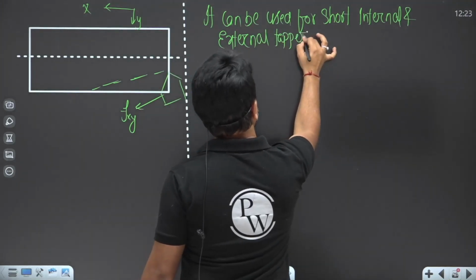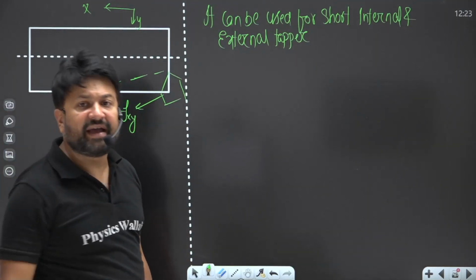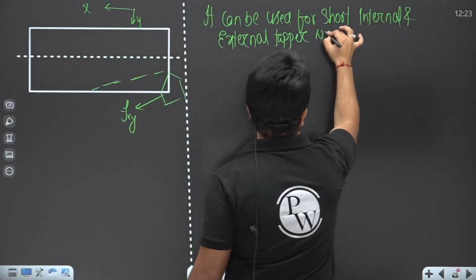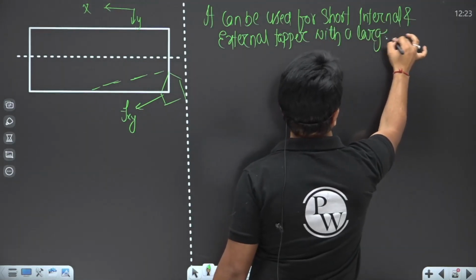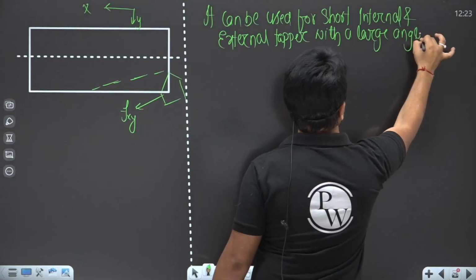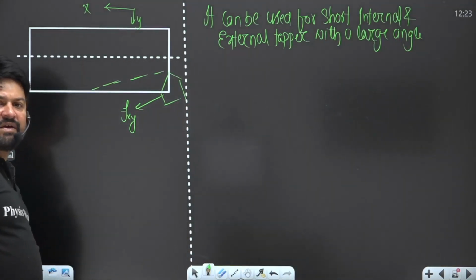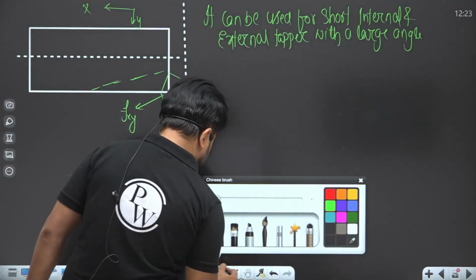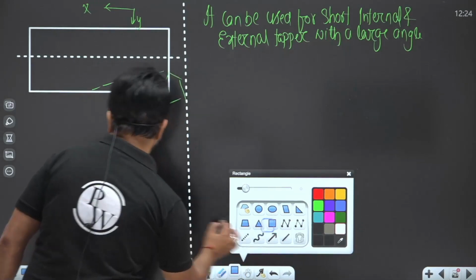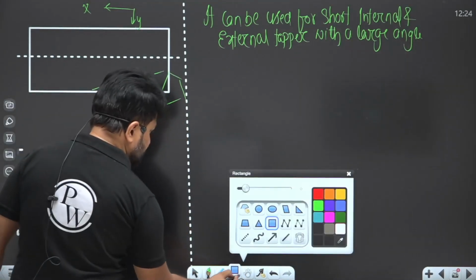External taper. Am I clear? With a large angle. Now what do you mean by with a large angle? I will tell you. Don't worry, I will explain each and everything. My dear, suppose that you have produced a taper turning workpiece.